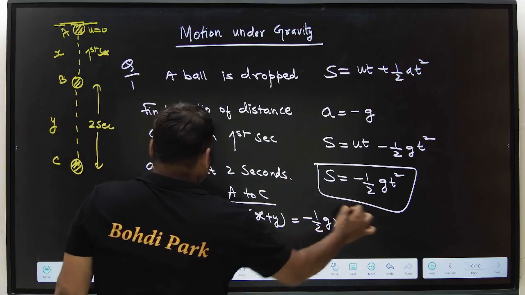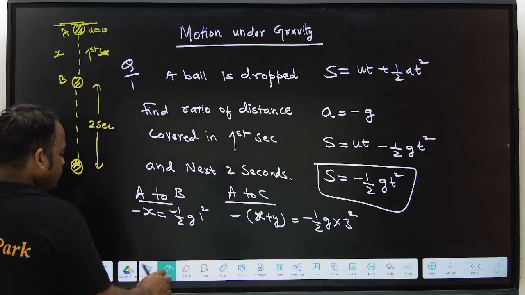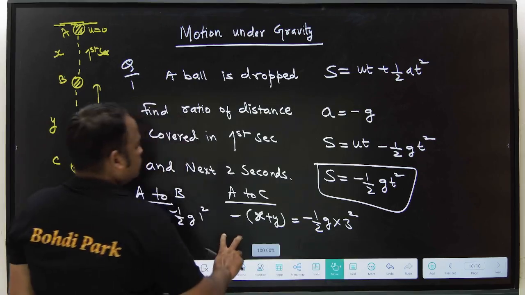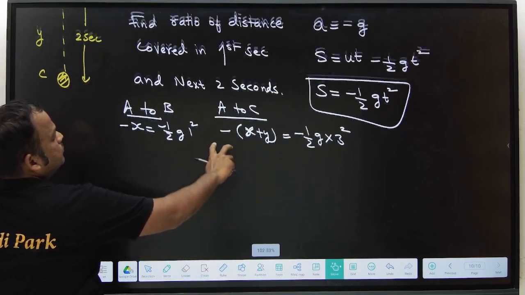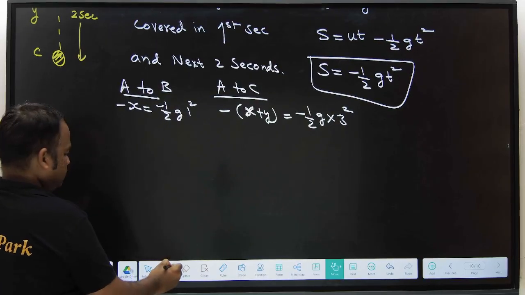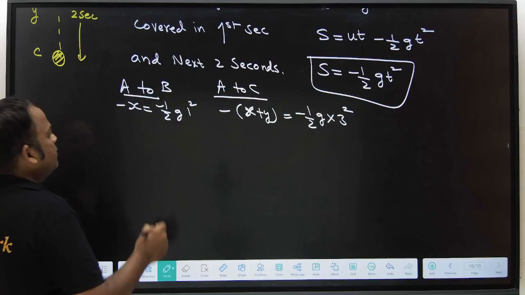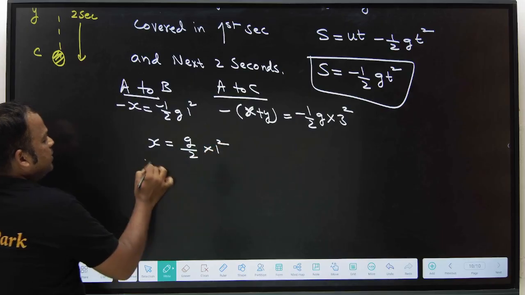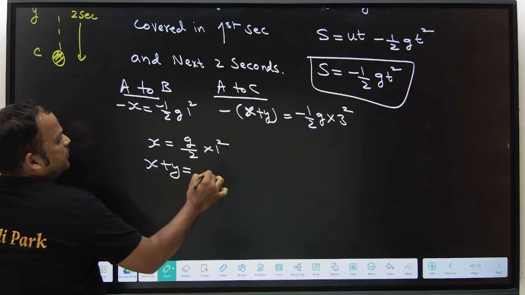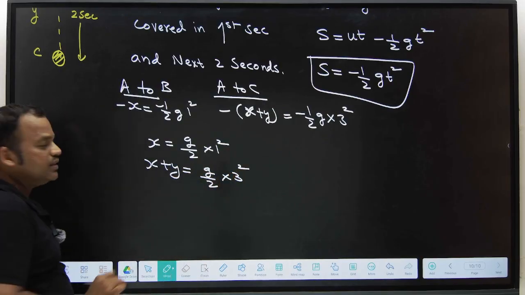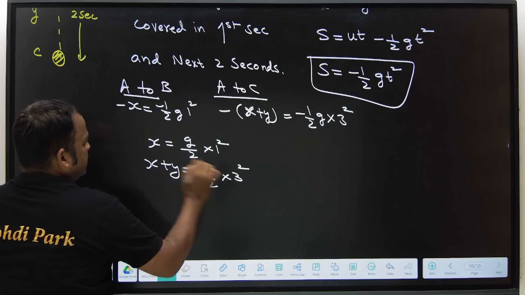So this is 3 square. So x = g/2 into 1 square, and x plus y = g/2 into 3 square. So we have these two equations.